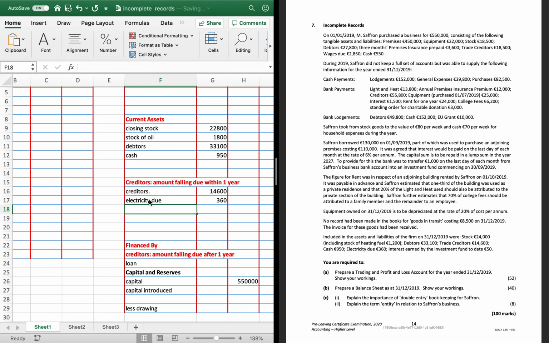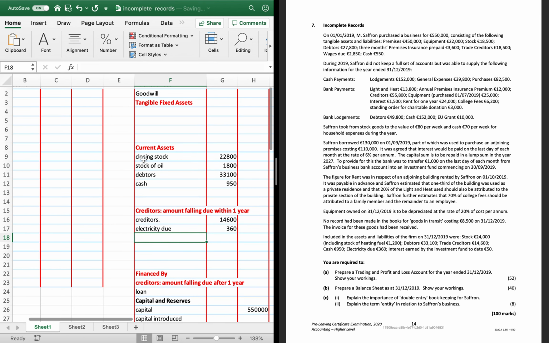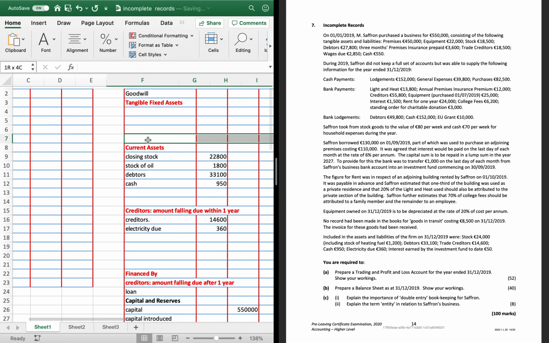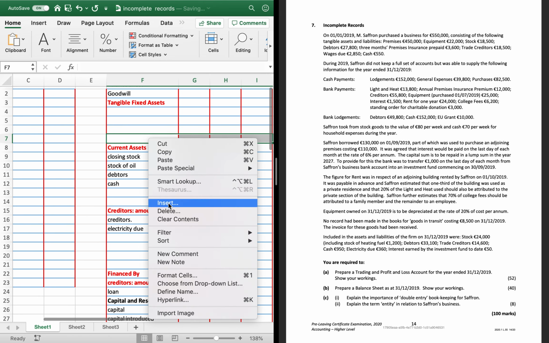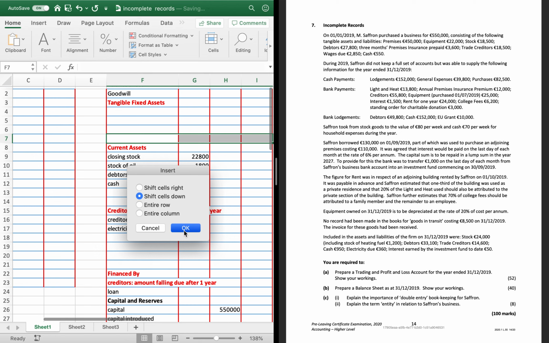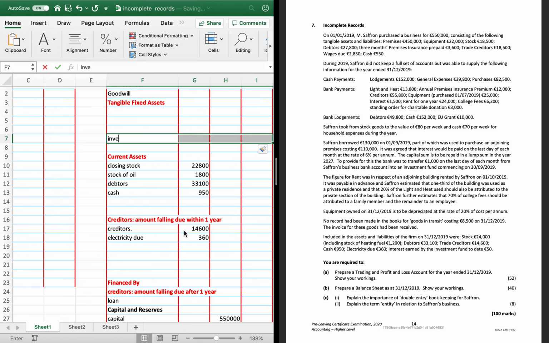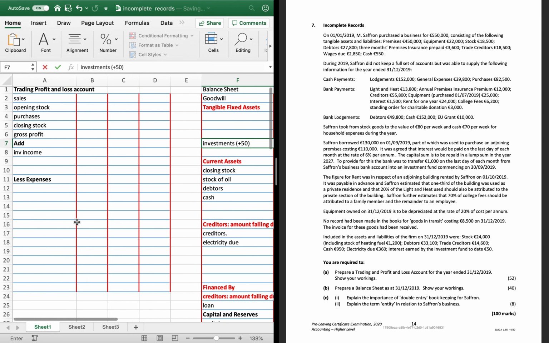And the interest earned by the investments to date. What we need to do there is put in our investments up here. I'm just going to stick in an extra line for the sake of this. So we've got investments, and if the interest earned by the fund to date is 50, I'm just going to write plus 50 in my brackets, and then I will put that in over in my trading profit and loss account as investment income.